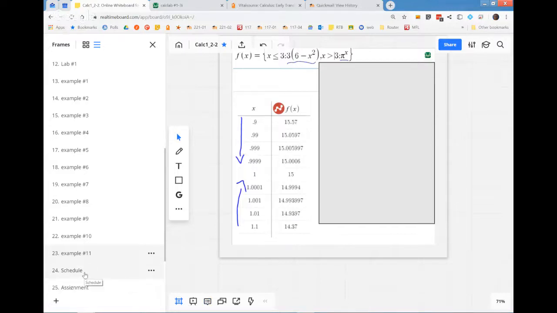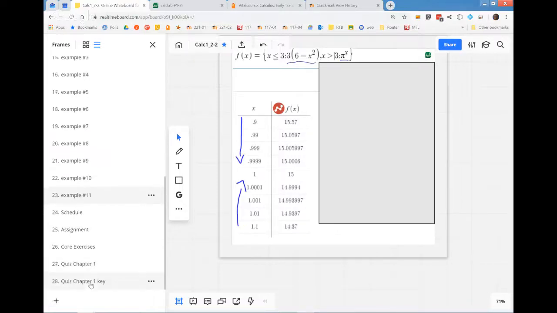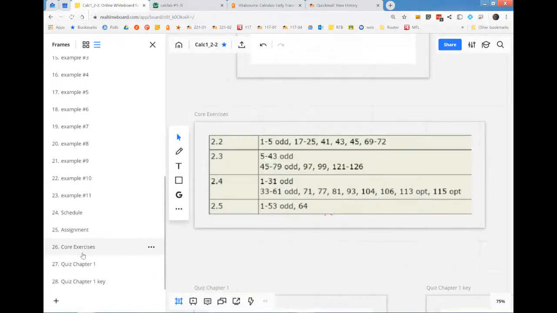Okay. Now, first of all, let me show you what the assignment looks like. I think you already know, but for 2.2, these are the problems you're supposed to work on. We'll take a look at a few of them, and we'll just discuss.